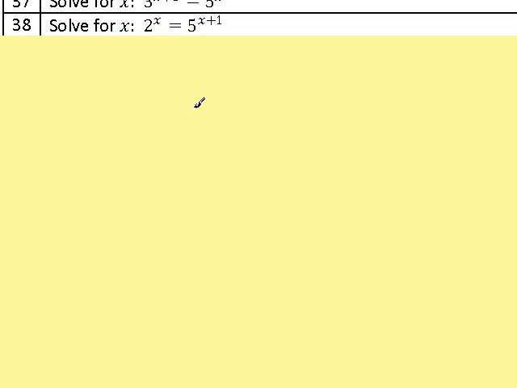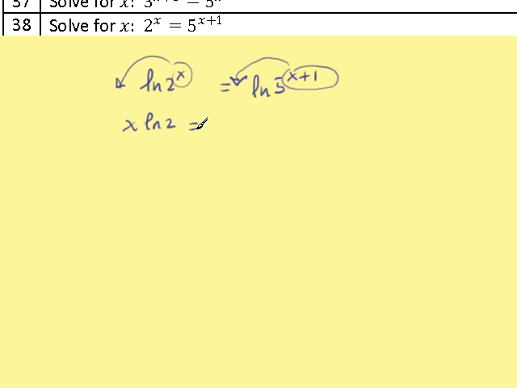Right, 38 is a very similar example. We're basically going to do the same type of thing again. Ln both sides. Bring this down. x ln 2 is equal to x plus 1 times ln 5. And now multiply through: x ln 5 plus ln 5.